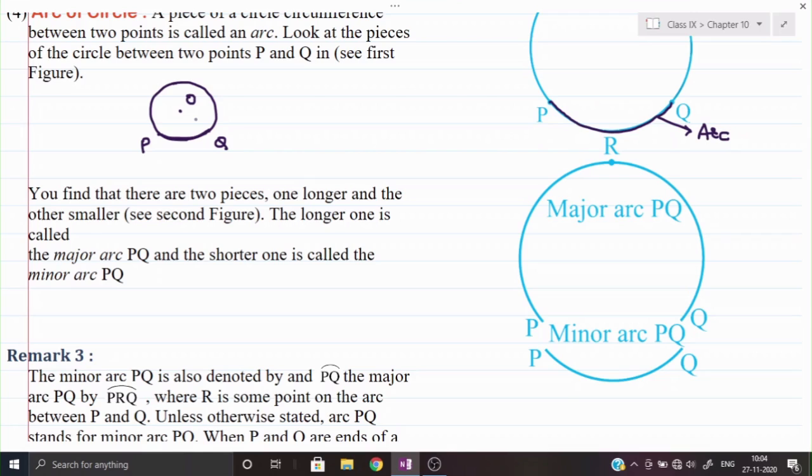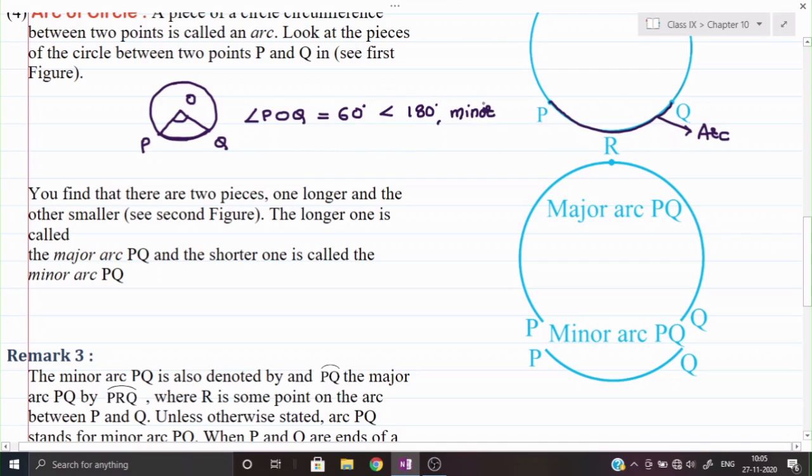So see, you need to join O to P and join O to Q, and then measure the value of the angle POQ. Suppose the angle POQ comes to 60 degrees, meaning it is below 180 degrees, then it will be called the minor arc.